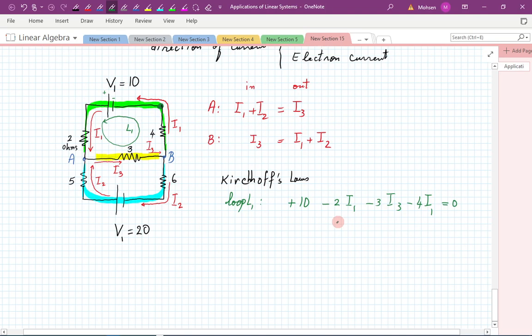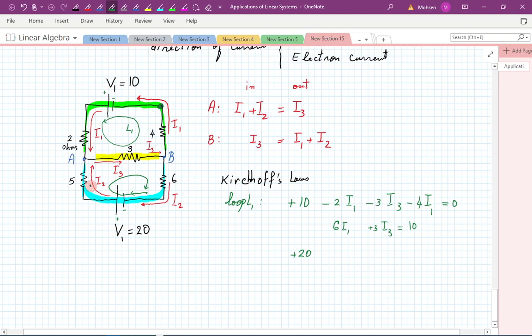If I go from negative to positive, I go up that much voltage, and then I start to spend it across these light bulbs or resistances, whatever I have. So here I'm going to spend minus 5I2, and then in the middle, same as before, minus 3I3, and then this one again has the same current I2, and minus 6I2 is being spent over there, and that's equal to 0.